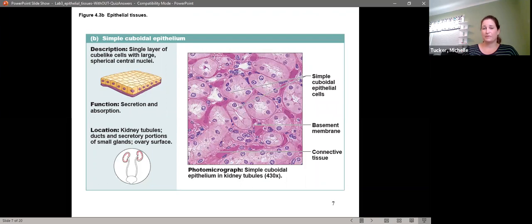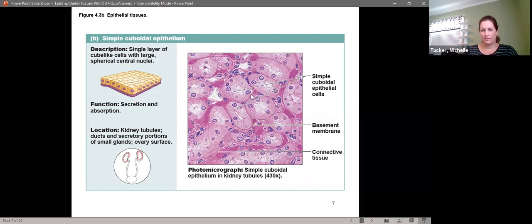This is the classic representation for simple cuboidal epithelium. This thin purple line here is the basement membrane, and then depending on where you catch that tubule, because these are kidney tubules, you may or may not be cross-sectioning the nuclei at the same time. So even though you have 1, 2, 3, 4, 5, 6, 7, 8, 9, 10, like 11 or 12 cells around, you're only catching 4 nuclei.